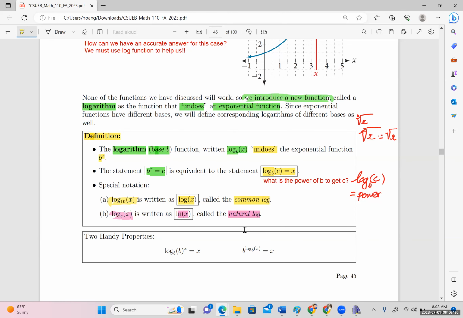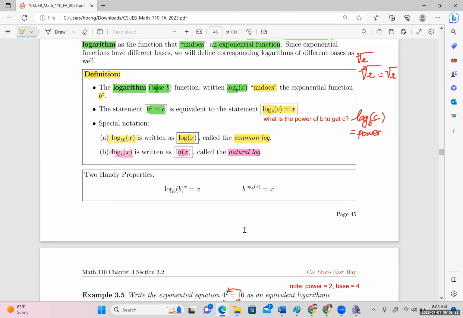We have two handy properties that you may really need to make the work easier. The first one is log base b of b raised to x is equal to x.